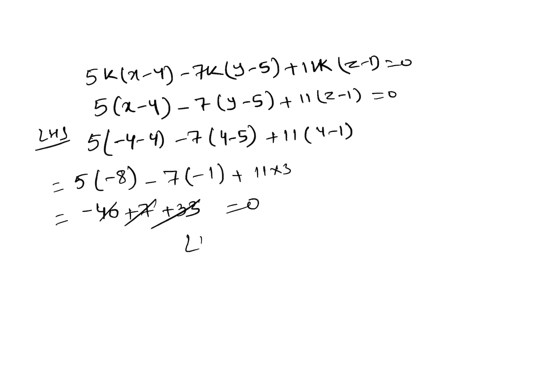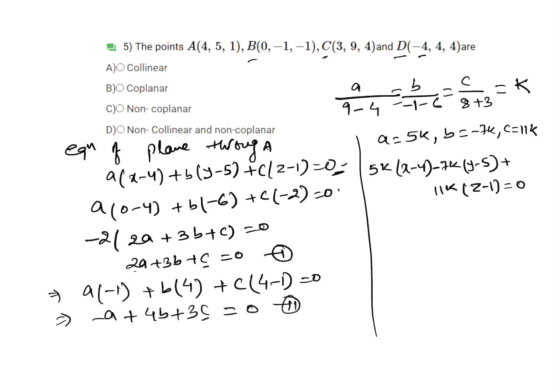It means LHS is equal to RHS. Hence proved, the fourth point also lies in the same plane formed by the other 3 points. So option B is the correct option. All 4 points are coplanar. Thank you.